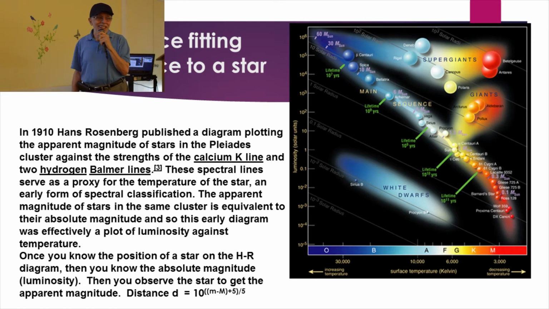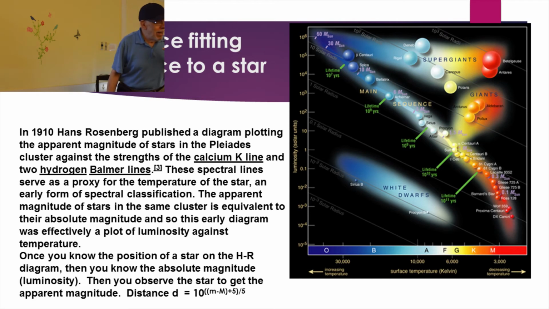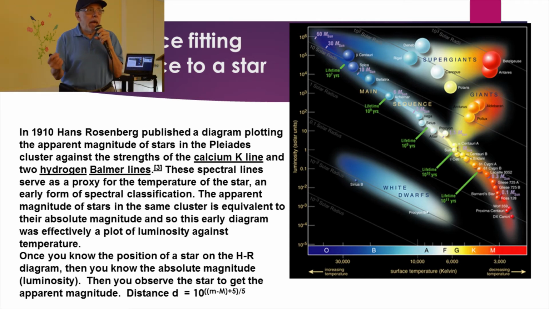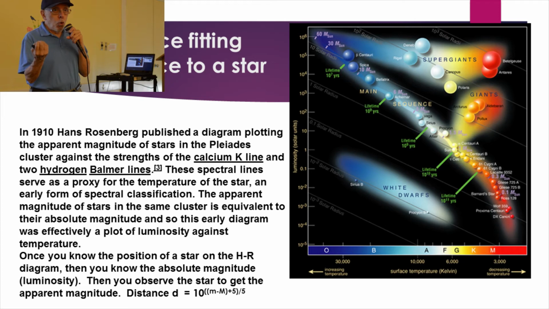It's going to evolve into a giant. Yes, it will eventually move up. It will become larger and hotter, and it will move into this area of the Hertzsprung-Russell diagram. But it's probably not going to get much hotter. It's just going to get bigger. And the reason it gets bigger is that the mass of the core is being used up.